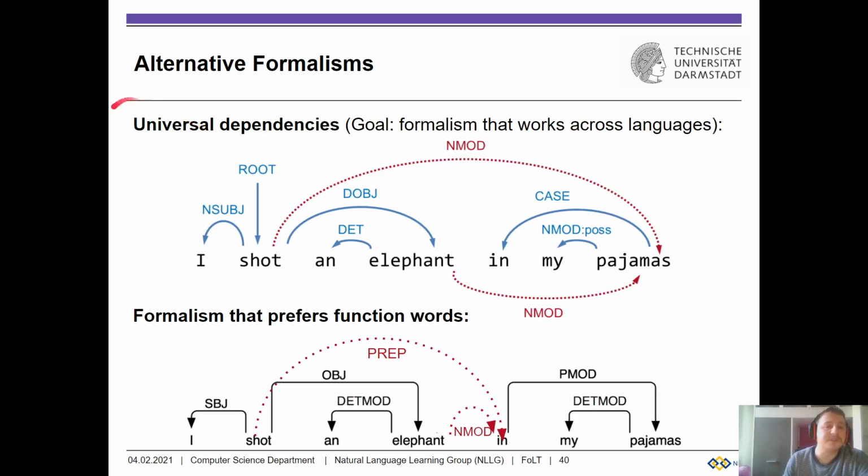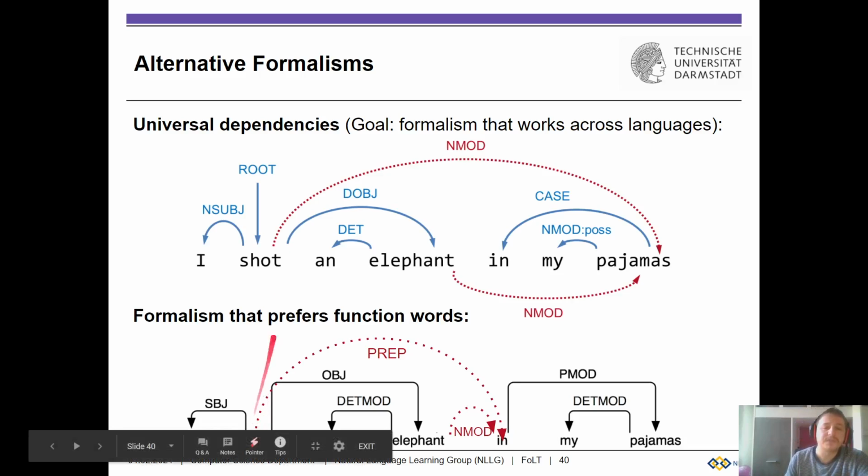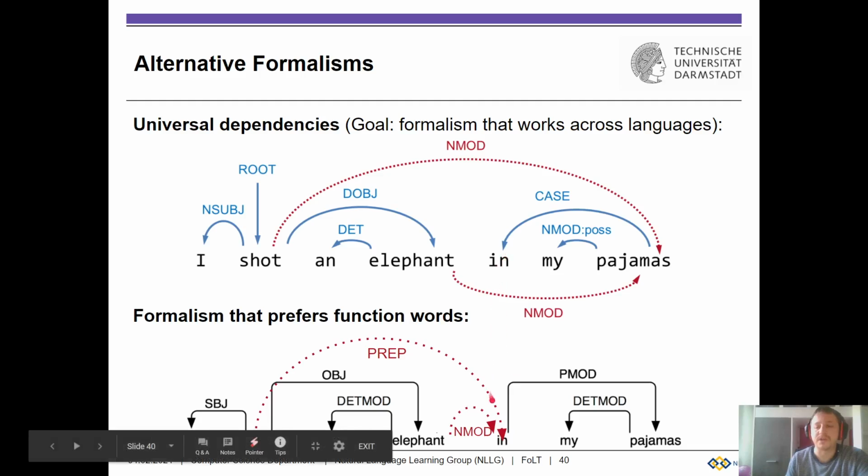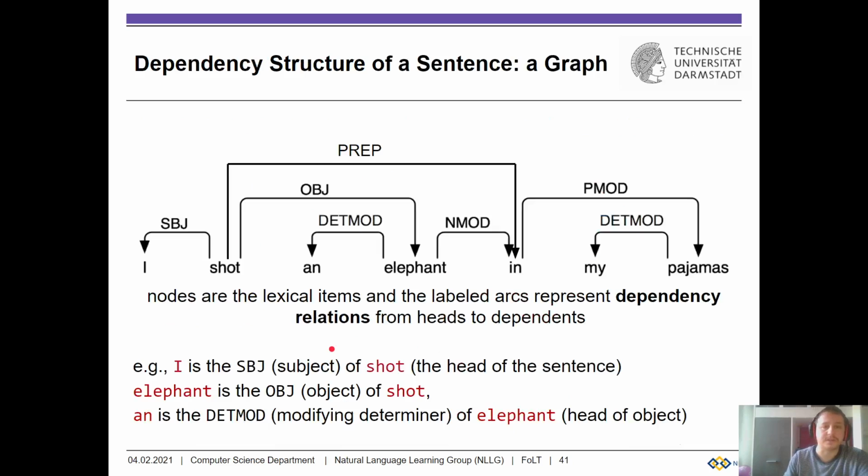For example, the universal dependencies, whose goal is that the formalism should work across all languages, ideally, would have such a structure, but there may also be dependency grammars that would, for example, say that the shooting is not governing here this noun, but it's governing actually the preposition, right? And maybe such formalisms are more language specific.